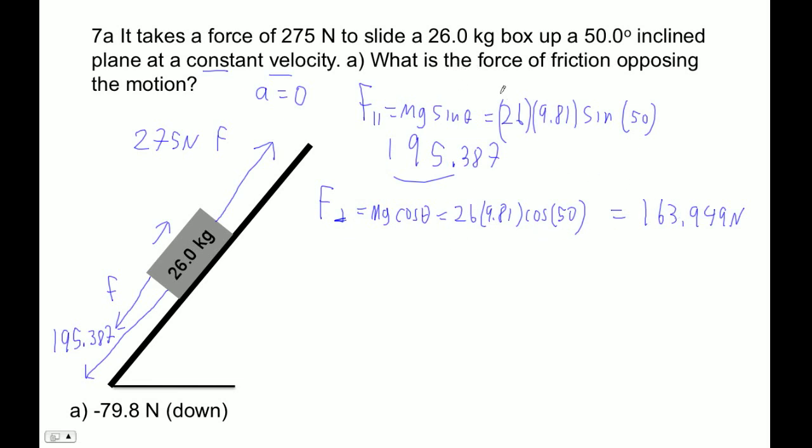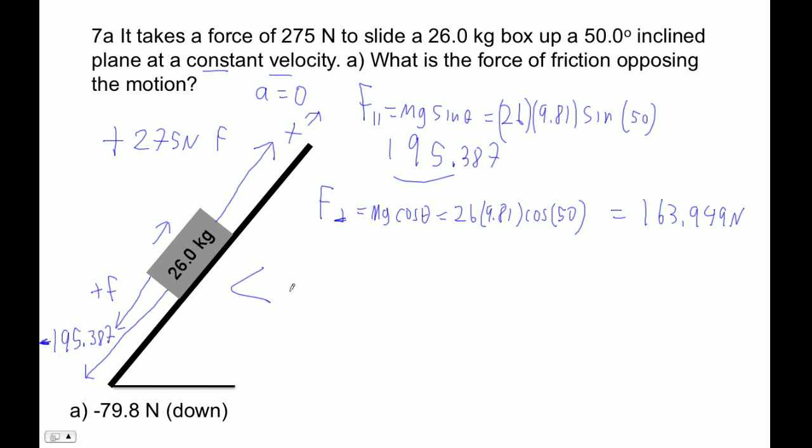Okay, so to find the force of friction opposing the motion, we just set up this little equation here. Everything up the plane is positive. This unknown force, even though I know it's probably down the plane, I'm going to say is positive, and then the parallel force is always negative.